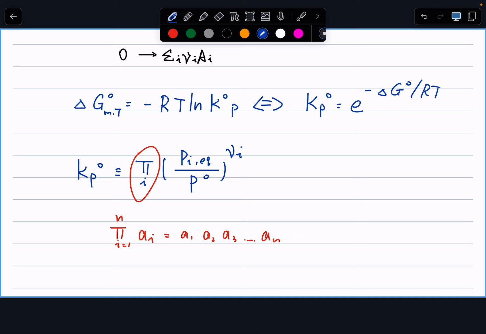All right, so here's our definition of the equilibrium constant, and that's what we know about the equilibrium constant and the Gibbs free energy of the reaction.